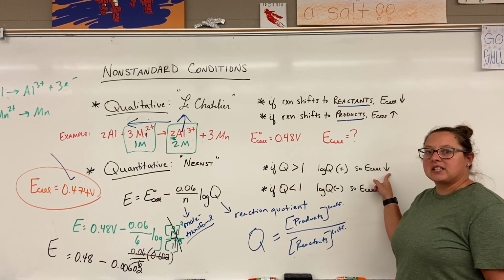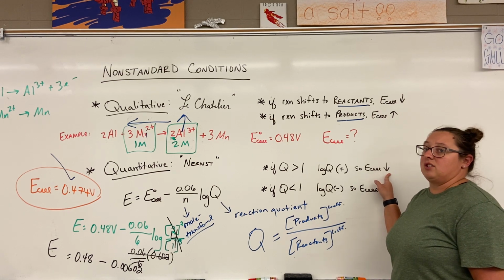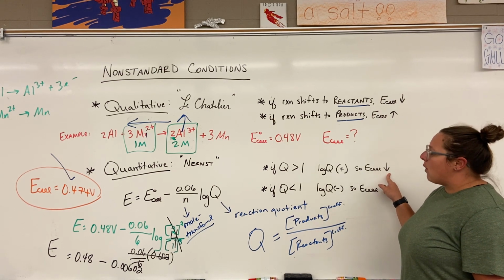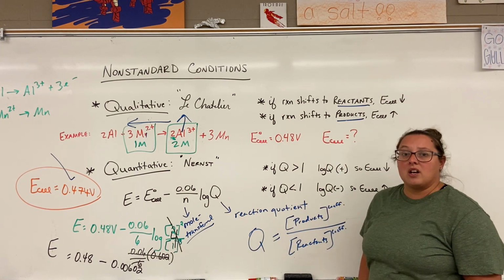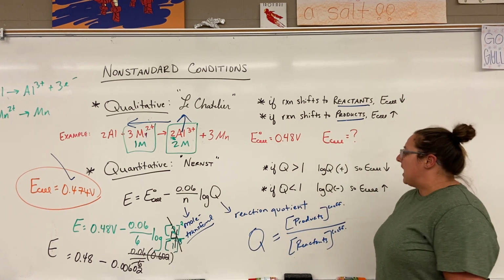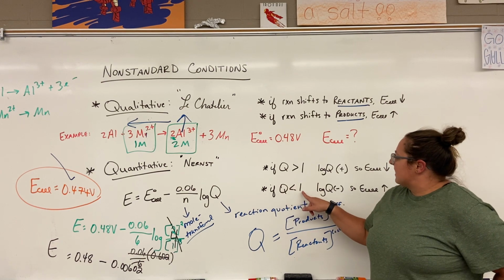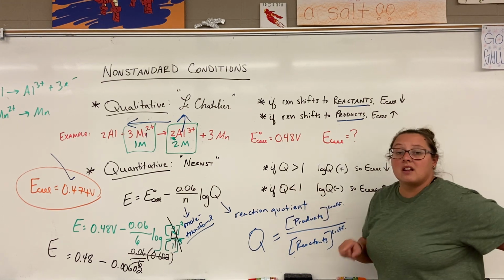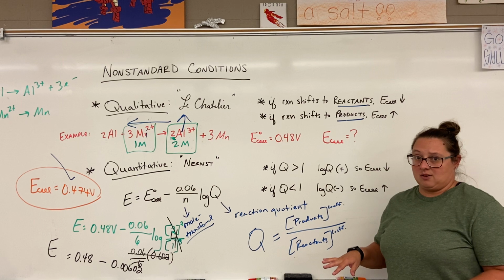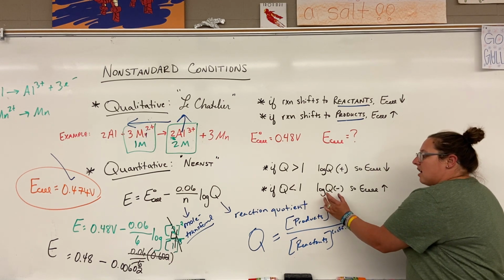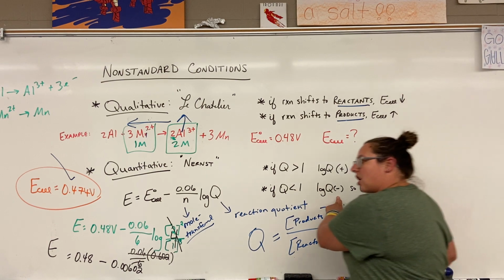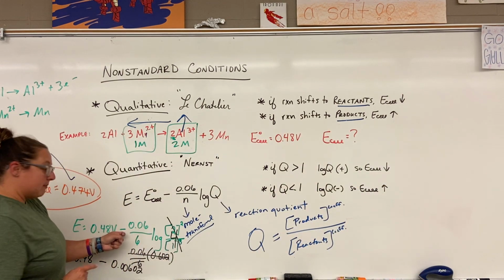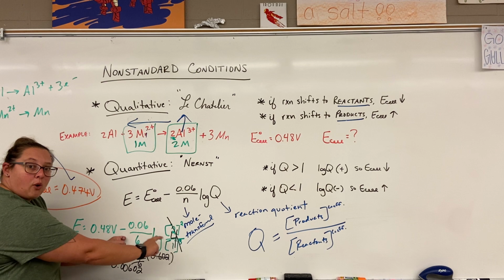Now we're going to do some practice with this whenever we are doing some free response. Now what happens if I get a number of Q that is less than 1? Well, then the opposite is true. If I get any number that is less than 1, and I take the log of that number, that log is going to be a negative quantity. So let's talk about what if I am subtracting a negative quantity.